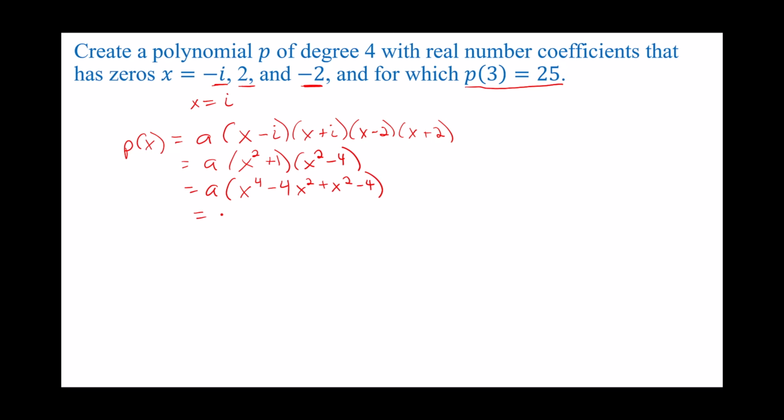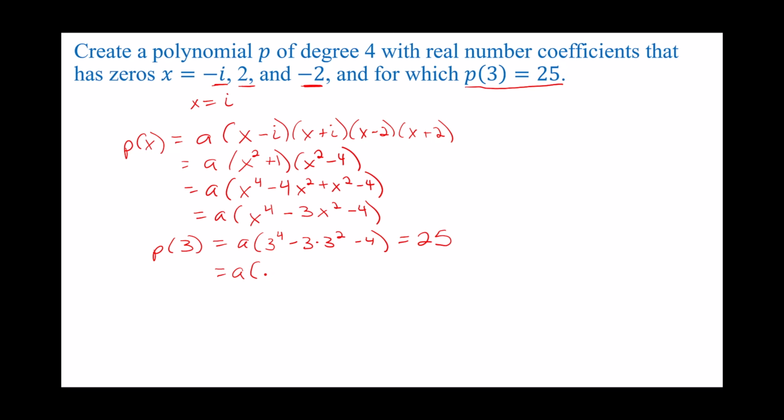And combining my like terms, I have a times x to the 4th minus 3x squared minus 4. So there's a polynomial. I don't yet know what the leading coefficient is, but I do know that p of 3 equals 25. So p of 3 is a times 3 to the 4th minus 3 times 3 squared minus 4. And we know that has to equal 25.